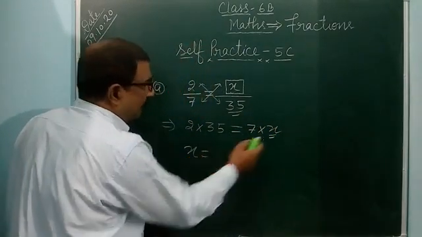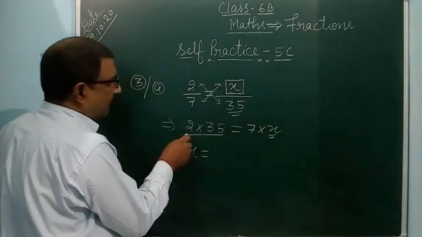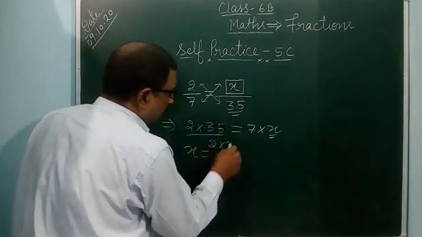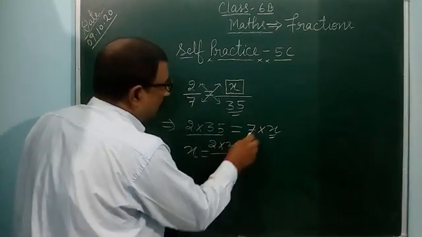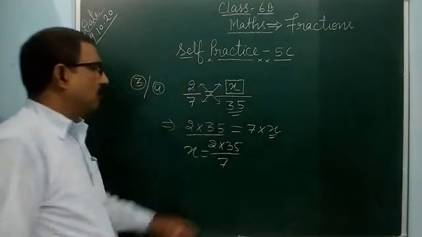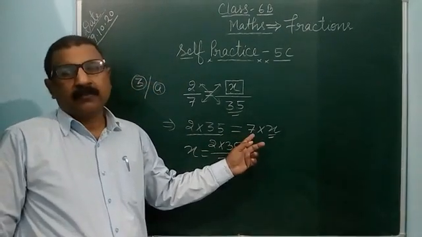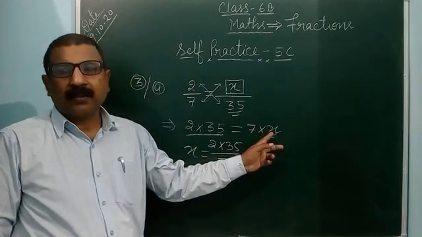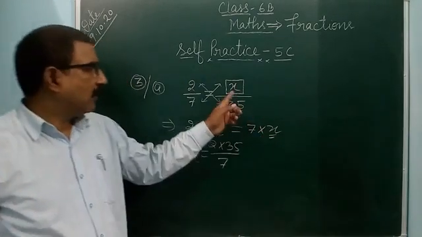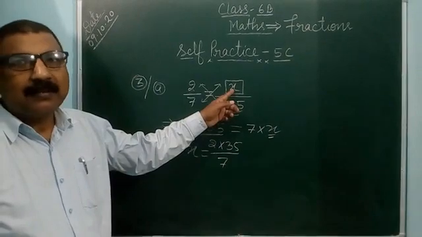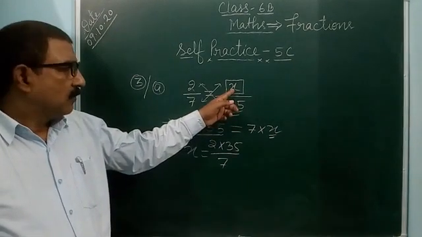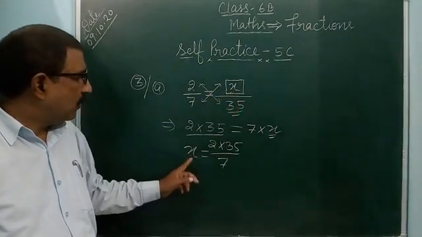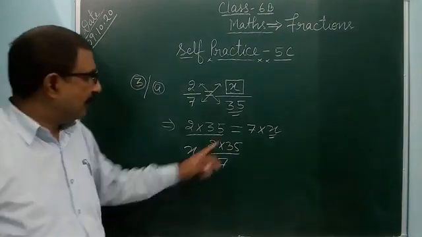You can find out x is equal to 2 into 35 upon 7. The unknown number is x. Here the unknown number is x. X is unknown. So the unknown number you can find out like that.